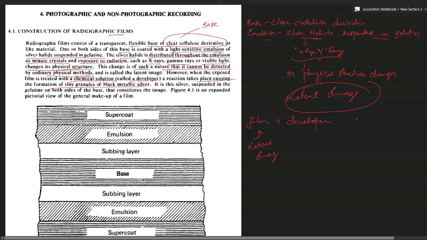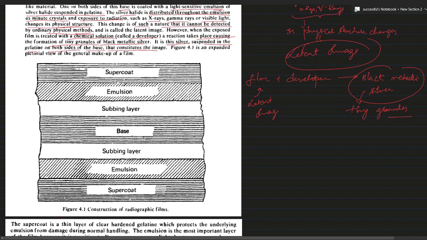So the reaction takes place and forms black metallic silver, tiny granules. It is this silver suspended in the gelatin on both sides of the base that constitutes the image.